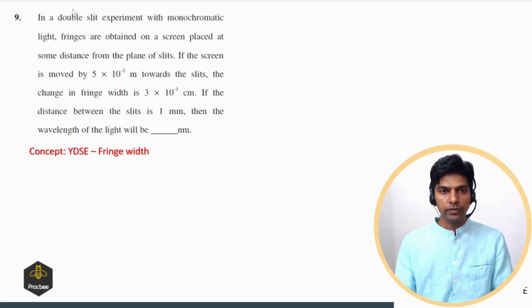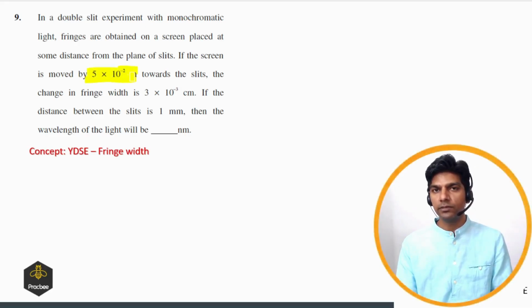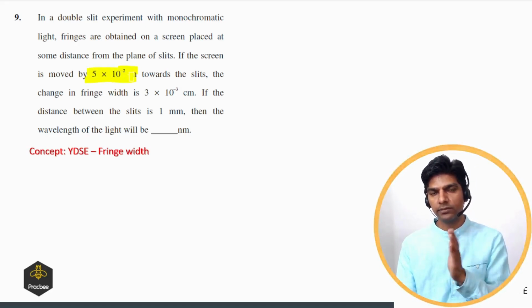Again, this problem is based on fringe width. In a double slit experiment with monochromatic light, fringes are obtained on the screen placed at some distance from the plane of the slits. If the screen is moved, now we are changing the distance between the slits and the screen.